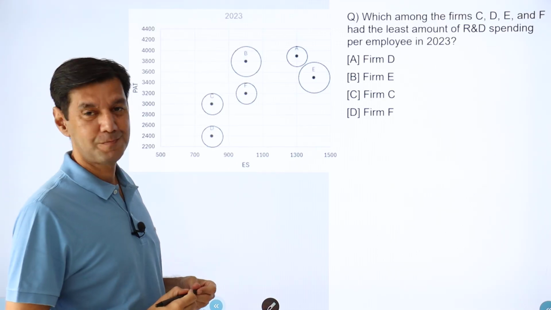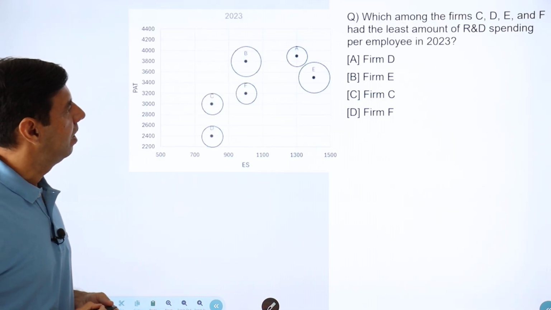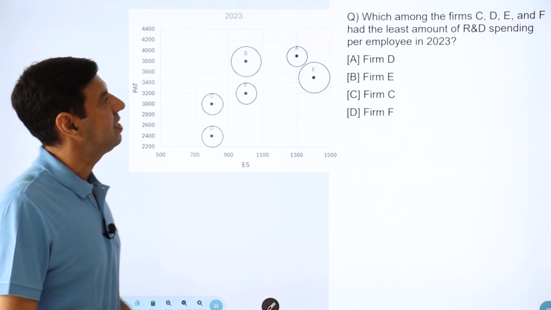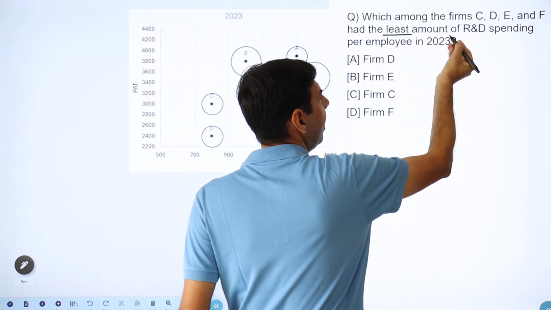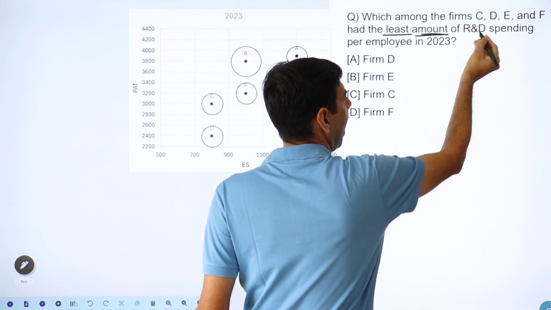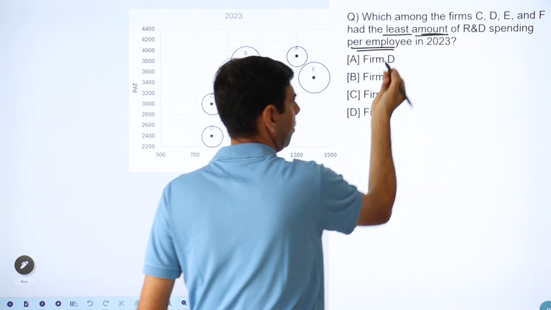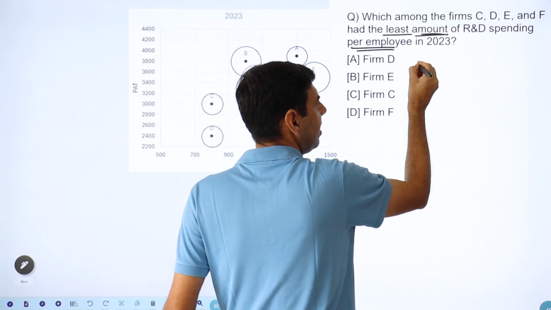Question 4. Which amongst the C, D, E, F had the least, again we are comparing, amount of R&D spending per employee. Now what is R&D spending?